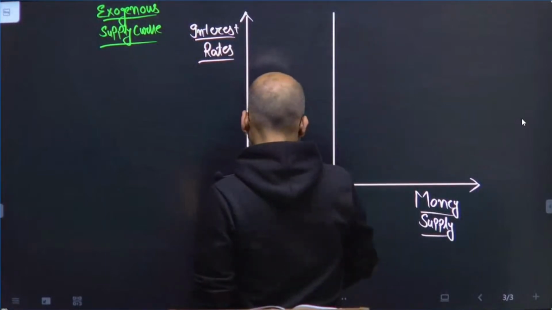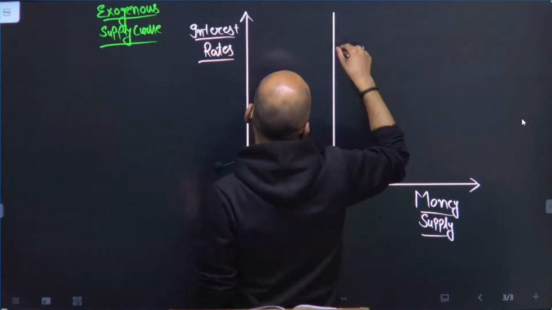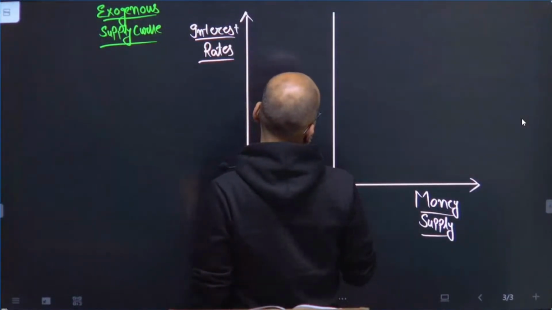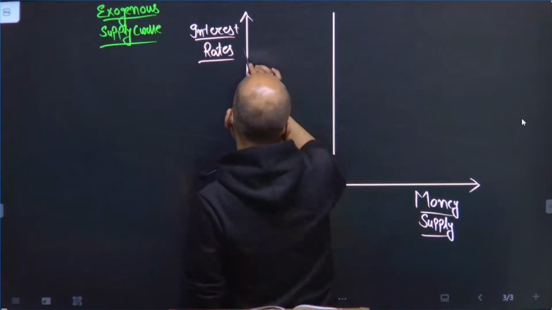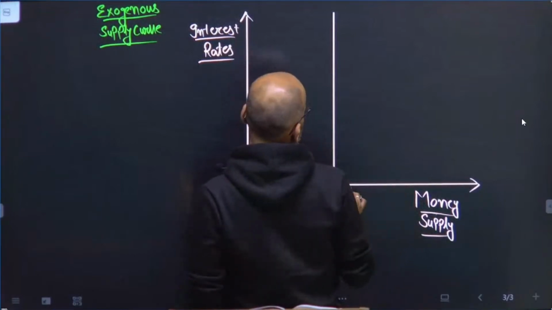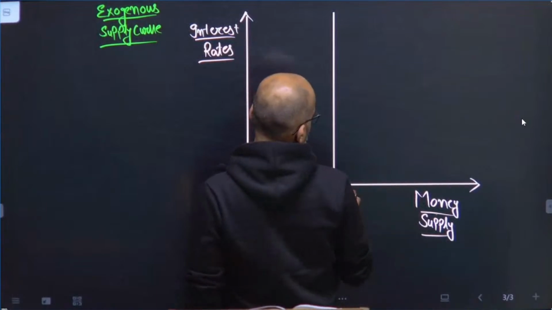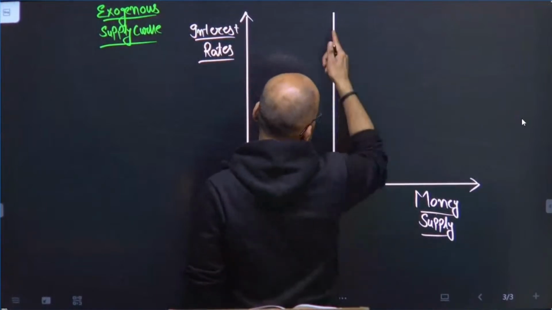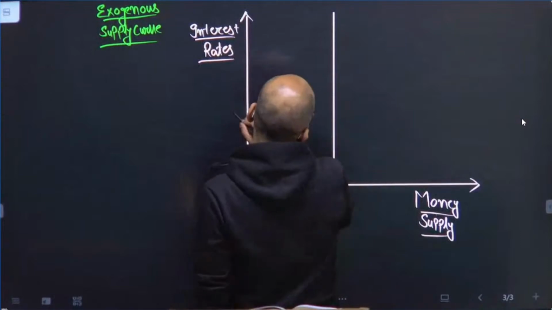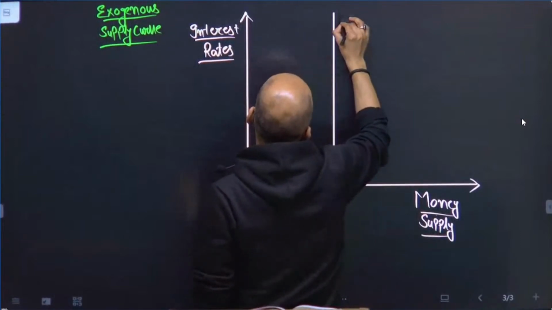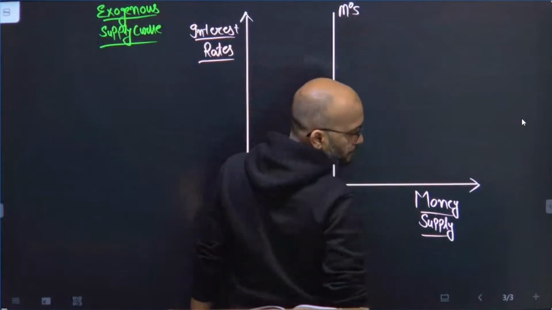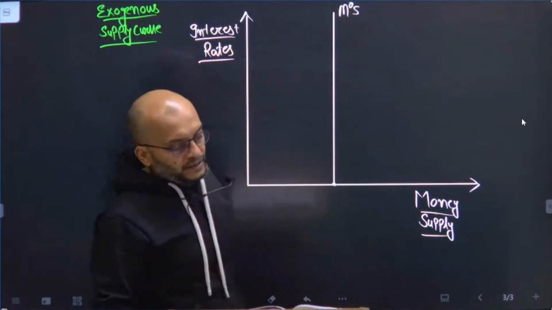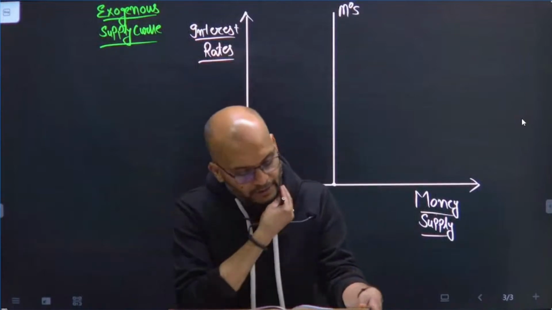So I hope you know this much basic maths of curves, that if interest rate is not affecting the money supply, then the value of money supply will be constant. It is not going to change. You keep on changing the interest rate, right? So this curve is M naught S. Draw it.